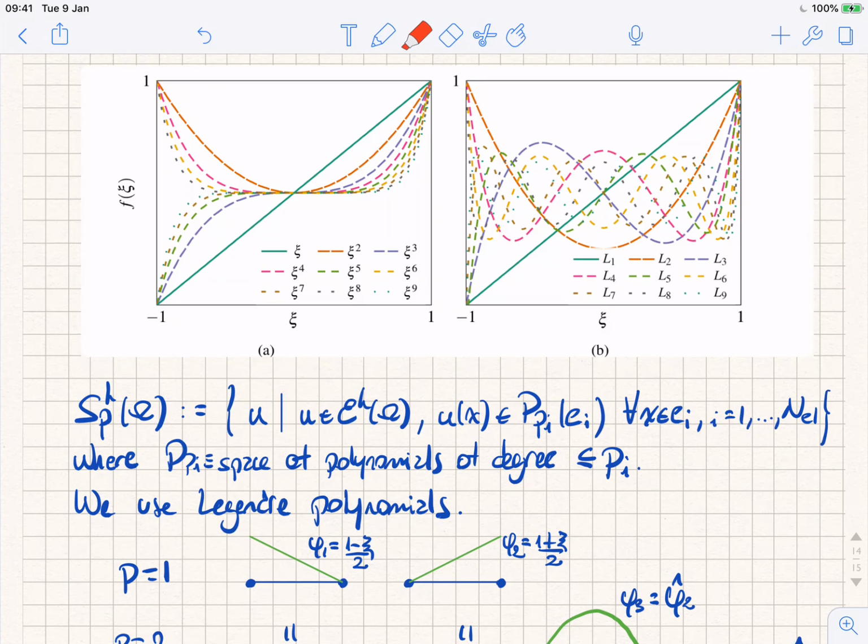Why is that? Who can tell me? Because the rule is straightforward. The rule to integrate a polynomial is straightforward. Yes. N points integrate exactly a polynomial of degree? 2n minus 1.